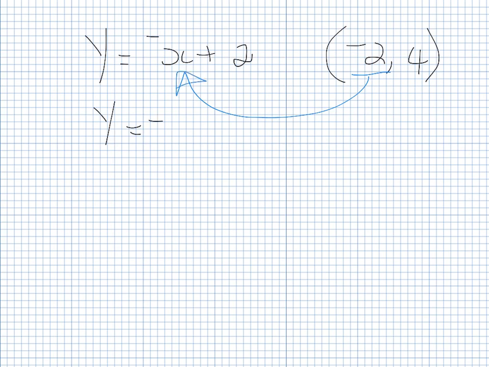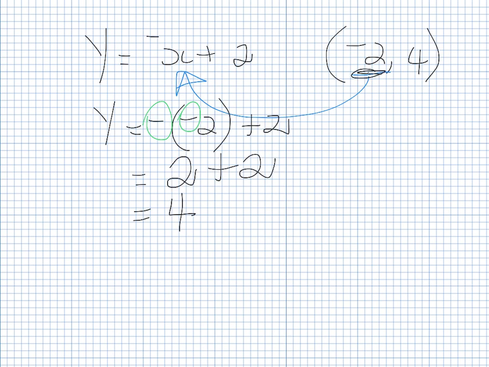Now because this is a negative over here, we want to bracket -2 plus 2. Remember from previous studies, 2 negatives, which is here and here, make a positive. So in actual fact it's 2 plus 2 equals 4.